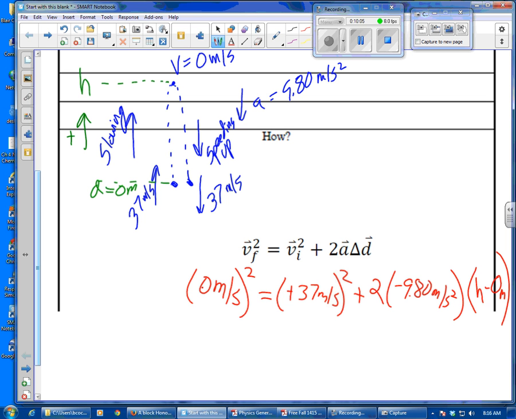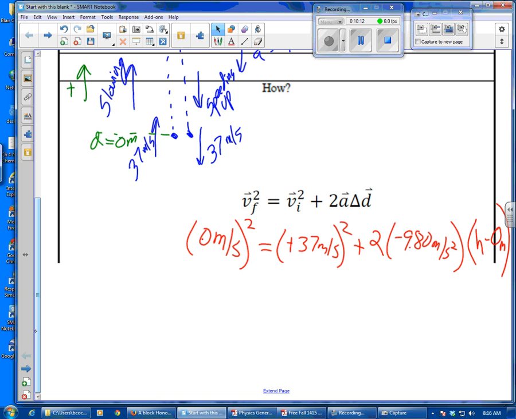Oh, cool, I only have one variable, h, right? So I can rearrange that so that I have h by itself.